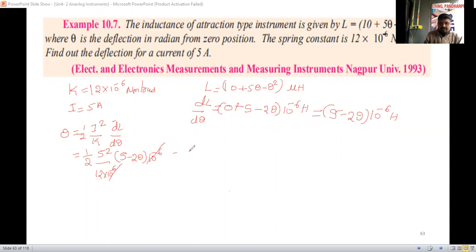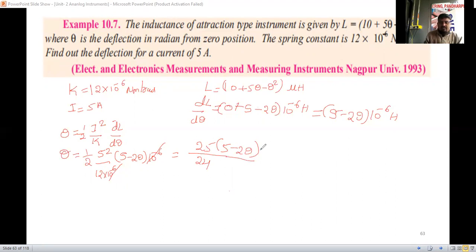So 1 by 2 into 12 is 24. And 5 square is 25. Then 5 minus 2 theta is theta.